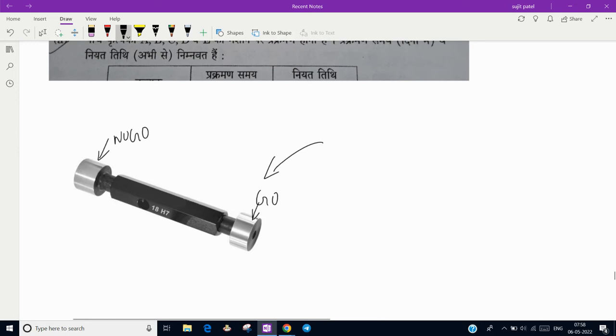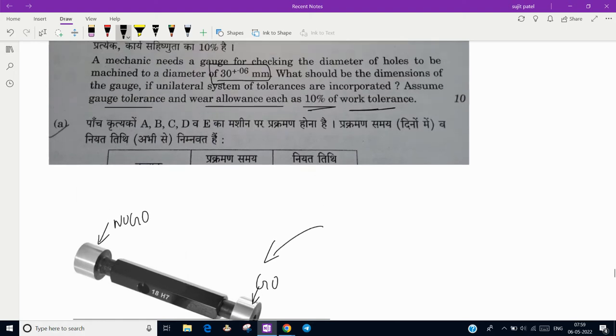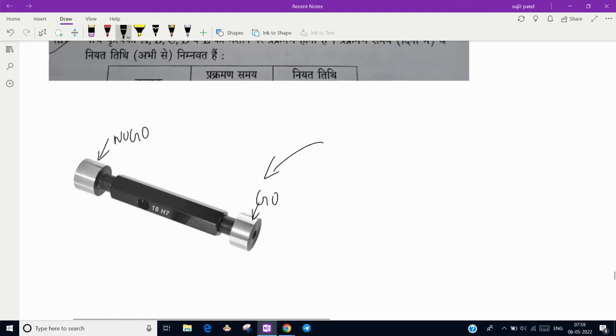Due to continuous and frequent operations, continuous sliding between the surfaces of the hole and the gauge, obviously there will be wear. So we have to give additional allowances, and some tolerance is also there because no part is exactly accurately manufactured.